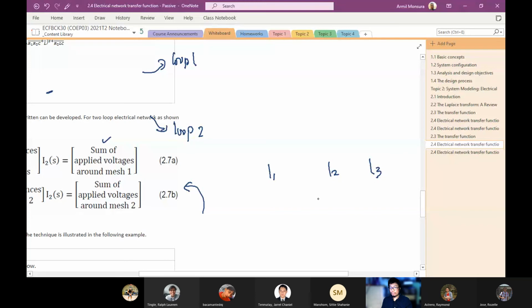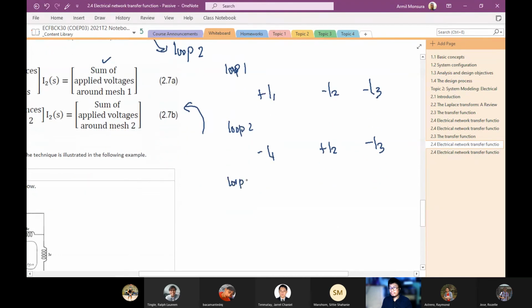So, sa loop 1, positive yung I1, negative to. Sa loop 2, kung ang current sa loop 2 ay I2, negative yung I1, positive yung I2, negative yung I3. Sa loop 3 naman, kung ang current sa loop 3 ay I3, then negative yung I1, negative yung I2, positive yung I3.